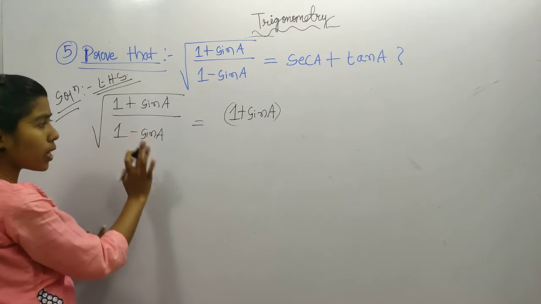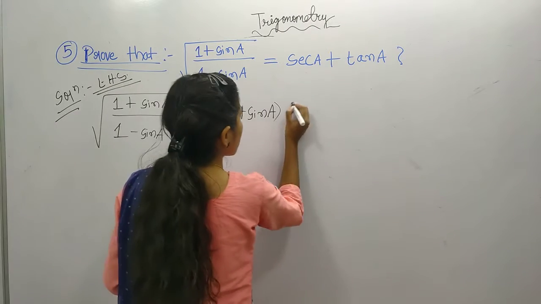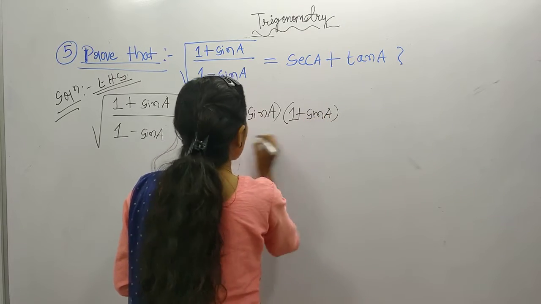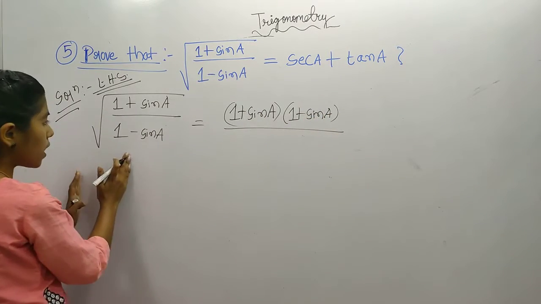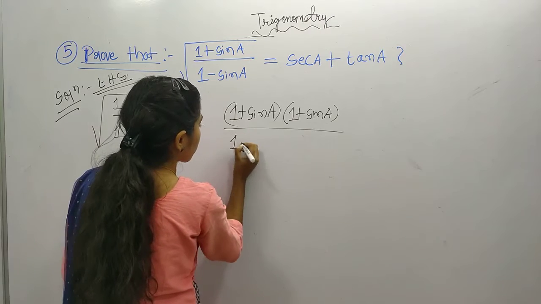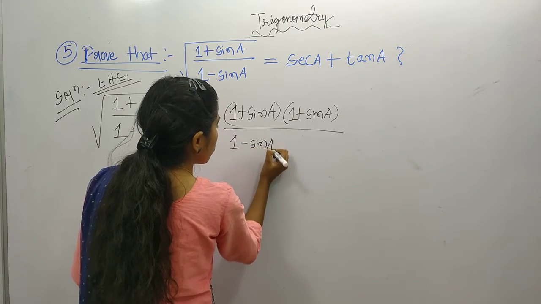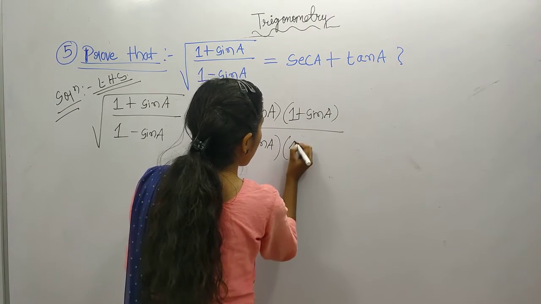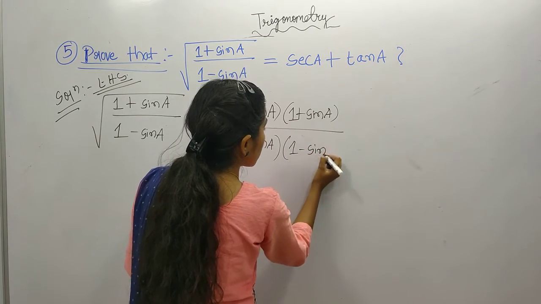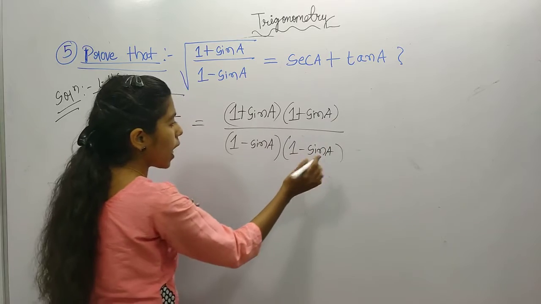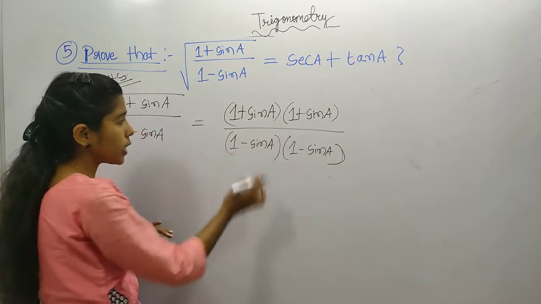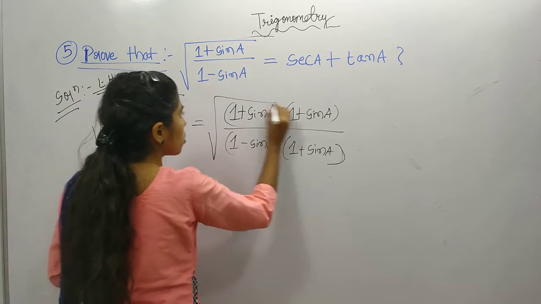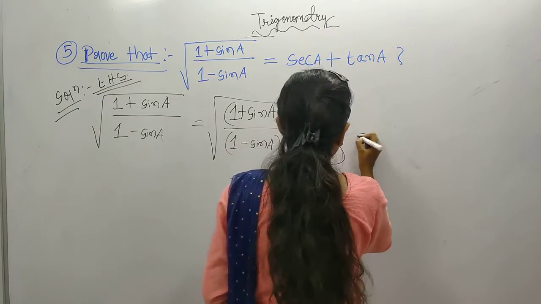Here what is the numerator? 1 plus sin A. So first multiply with 1 plus sin A. Then in the denominator what is there? 1 minus sin A. So we have multiplied by 1 plus sin A, and now we will divide it by 1 minus sin A. We have multiplied and divided by the numerator, 1 plus sin A. Next, here you see.